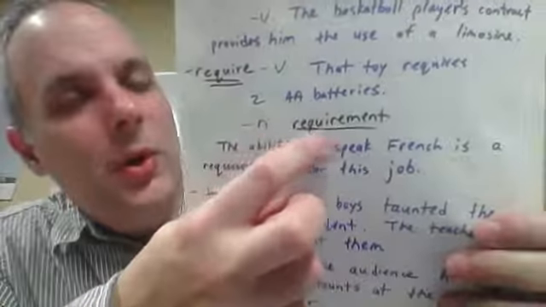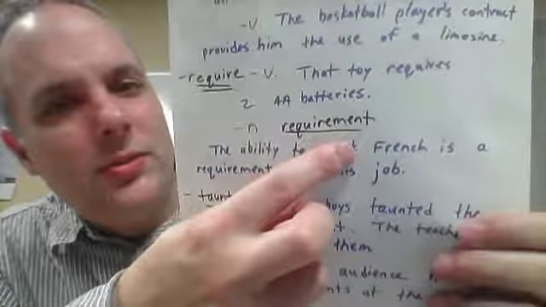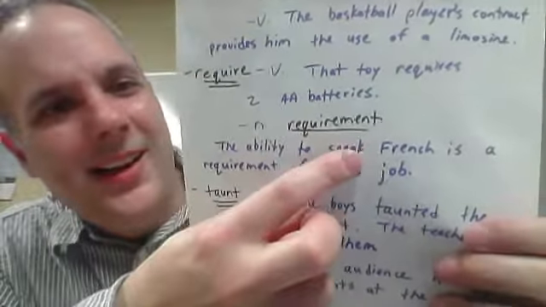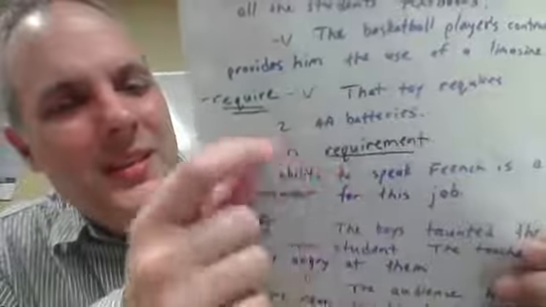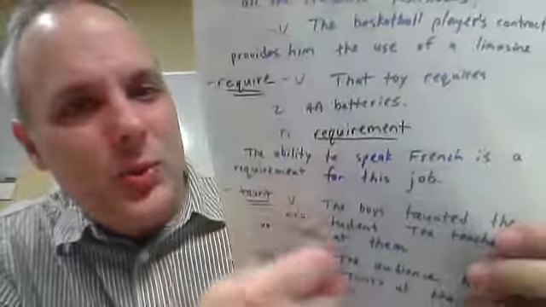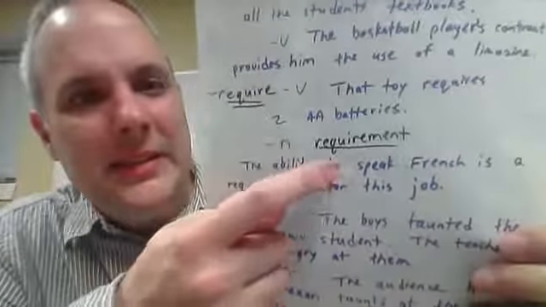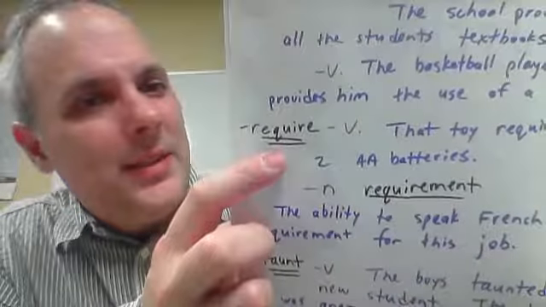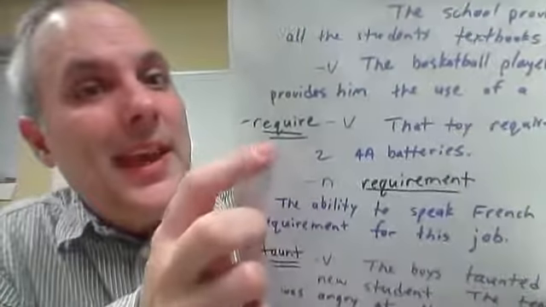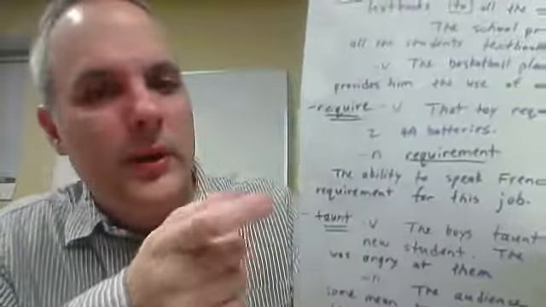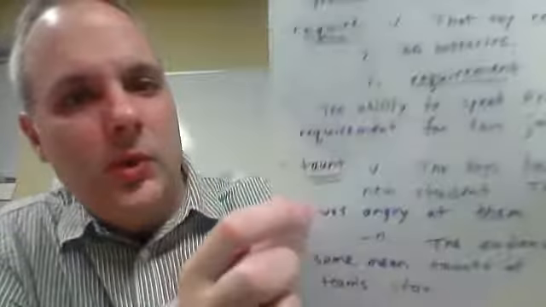It is a requirement of learning English to study vocabulary. I'm sorry, English vocabulary is difficult. So requirement means you need it. You need to study vocabulary to speak English well. Okay? So need, require. If you're cooking, you can say this cake recipe requires 2 eggs. 2 eggs, okay? It means it needs it. Good. Taunt.